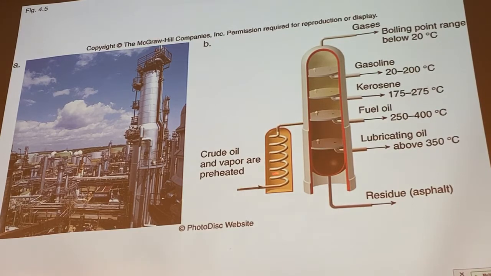As they pipe the crude oil through these different areas, they change the temperatures so that they can collect the different fractions. They up the temperature as you go down to distill off these other fractions. Fuel oil is going to be comparable to diesel. And then your engine oils that lubricate your internal combustion engines are going to be here. And the residue that doesn't boil is going to be turned into asphalt.